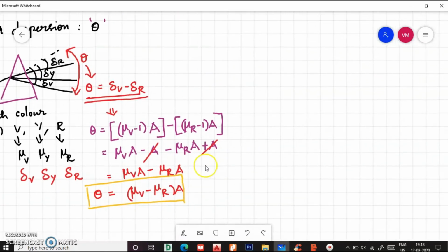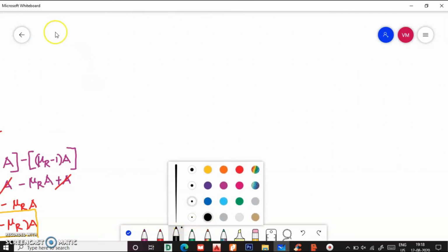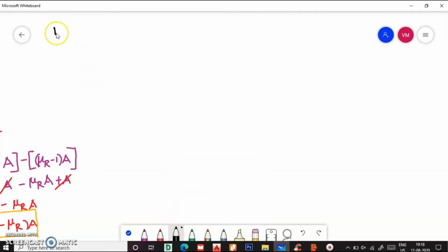This angular dispersion depends on the nature of the material of the prism and upon the angle of the prism. The next topic we are going to see is the most interesting, which is dispersive power.